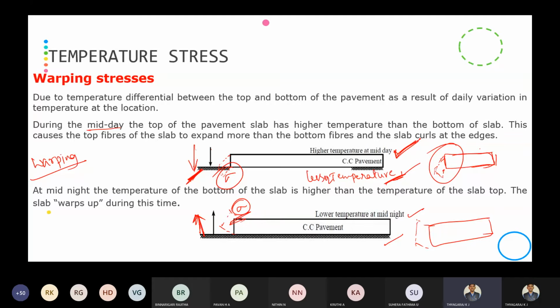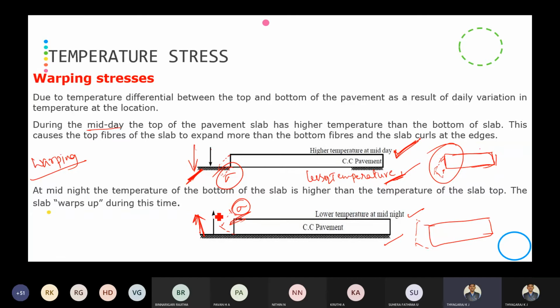So remember, during daytime the top surface temperature will be high. The bottom temperature is very less. So the slab bends towards the bottom. But during night time, the temperature is greater at the bottom and lesser at the top.